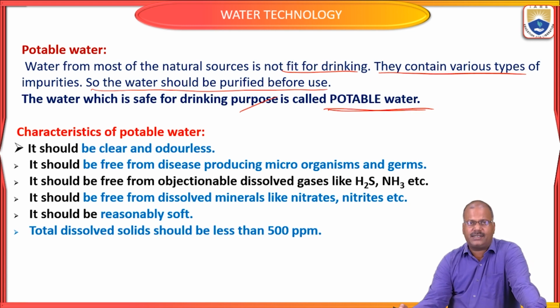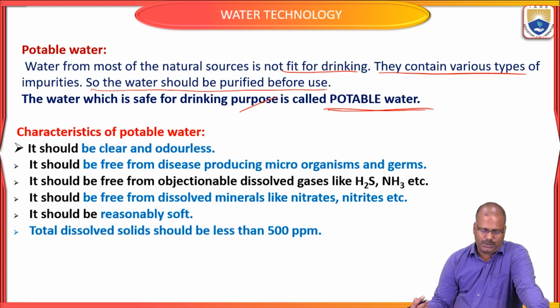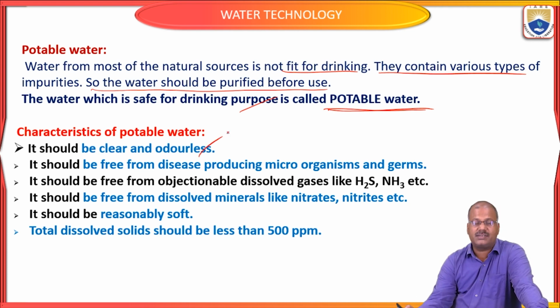What are the characteristics of potable water? It should be clear and odorless. It should be free from disease-producing microorganisms, germs, bacteria, and other disease-spreading things.